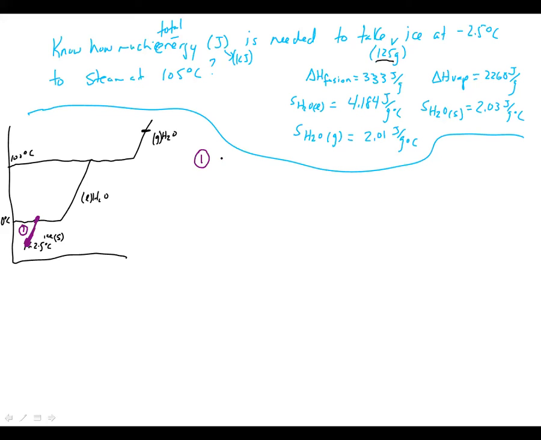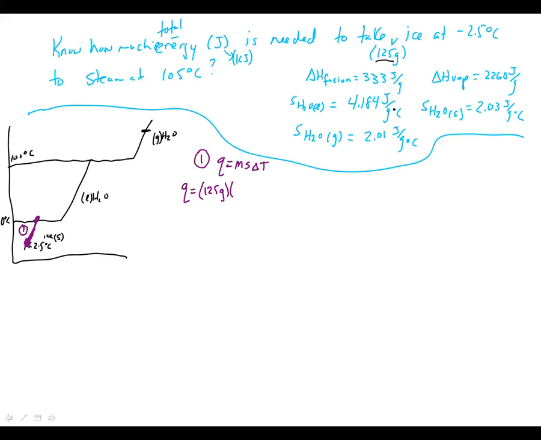So we are going to use our specific heat equation, which is Q equals m s delta T, for that first process. Our Q would equal our mass, which is 125 grams, times our specific heat capacity, in this case for ice.